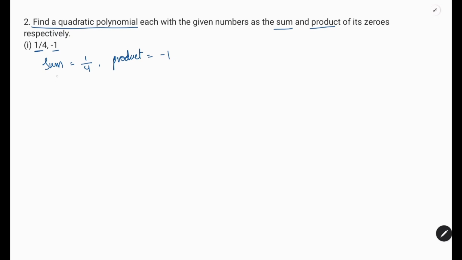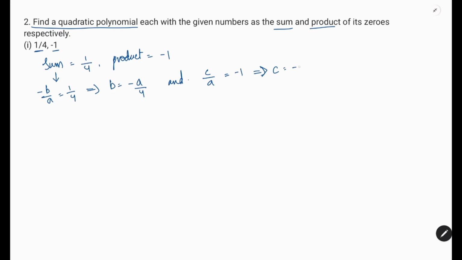We know the sum of the zeros formula: sum equals minus b by a equals 1 by 4. So this implies b equals minus a by 4. And product equals c by a, c by a equals minus 1.